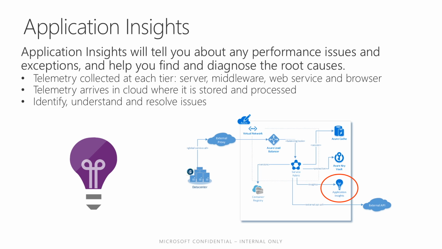We can use Application Insights to track exactly how these areas are performing. This data is then sent to the cloud where it is stored and processed, and we can also use the analytics section, which I'll get to in a minute, to query this data where it is stored.